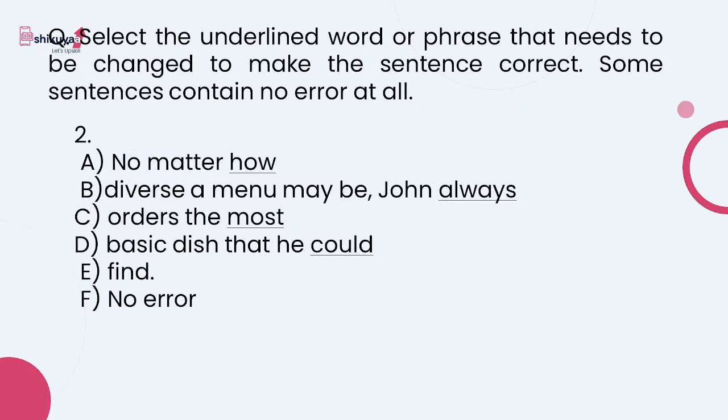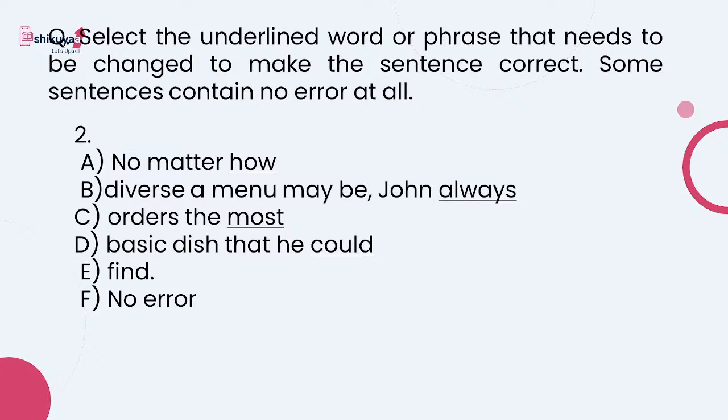So what does could express? Possibility where none is needed. We are told here that John always orders the basic dish. So instead of could, we must use can. The present tense verb can we should use here, because that matches orders. So there is an error in part D.